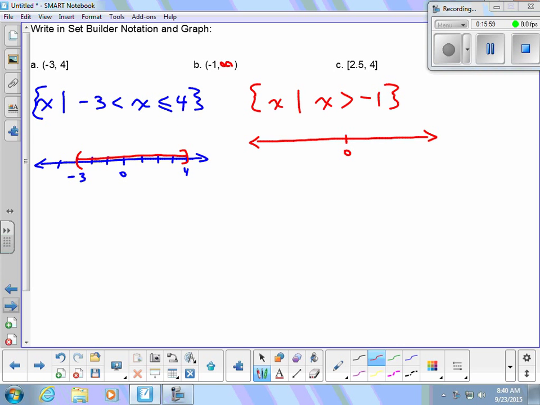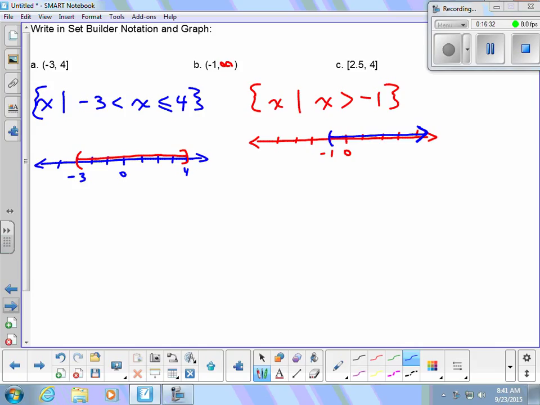It's helpful usually to place 0 as a value on the number line and then include some of the other values, just to show that you know how to count here, show that the -1 is to the left of 0, for instance. And you're going to go to infinity, which is always going to be to the right. We're not including the -1, so we'll use a round bracket, and make sure that it's clear that you've got an arrow, that this one goes on forever.